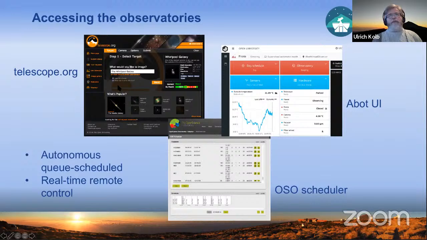We have a third mode to talk to our telescope, and this is really tailored for the amateur user, not the advanced amateurs, but the beginners. And the website there is called telescope.org, so feel free to browse this after the event, where you can essentially enroll in a free Open University course to give you first steps towards understanding the night sky and using a remote telescope.